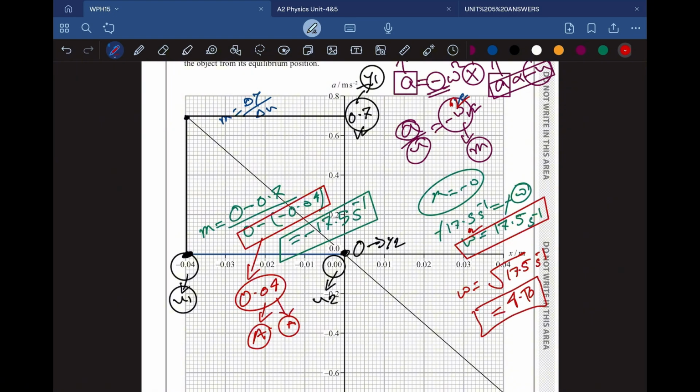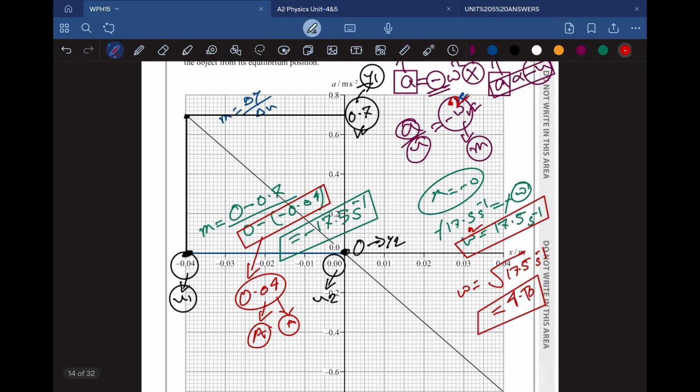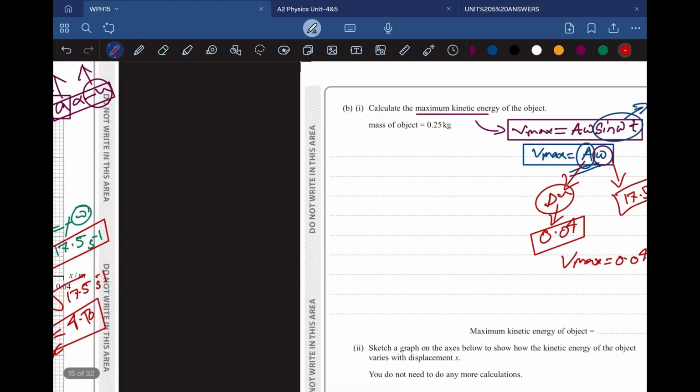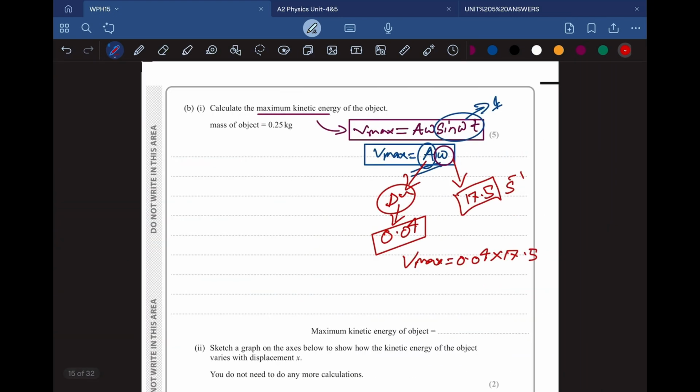Sorry, there was a simple mistake. I forgot to write that it was omega squared, because we know acceleration is equal to minus omega squared x. If we divide a by x, it still remains minus omega squared, right? So now we will have to change this part. So omega is equal to 4.18. So we'll multiply 0.04 with 4.18. So it will be like this.